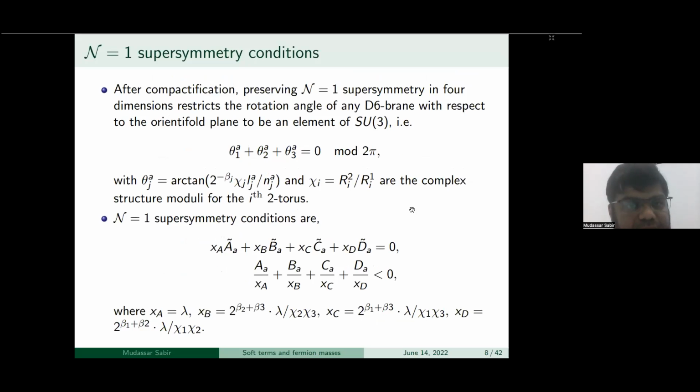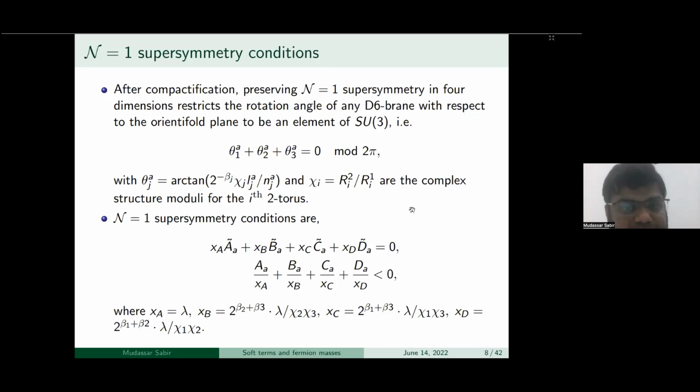So for the supersymmetry conditions after compactification to 4 dimensions, preserving the N equal to 1 SUSY restricts the rotation angle of any D6 plane with respect to the orientifold plane to be an element of SU(3). That is the sum of the angles theta_1^A plus theta_2 plus theta_3, where 1, 2, 3 are the corresponding tori, should be 0 mod 2 pi.